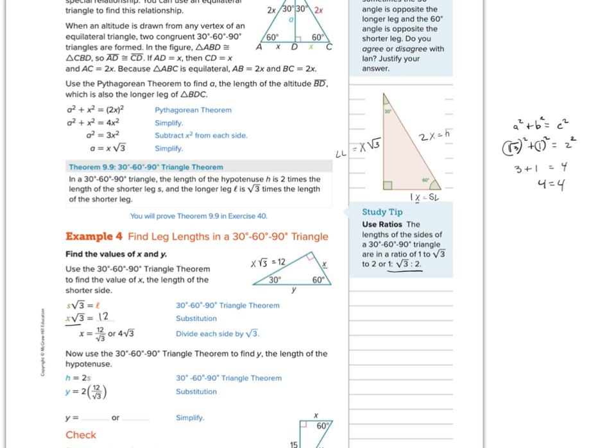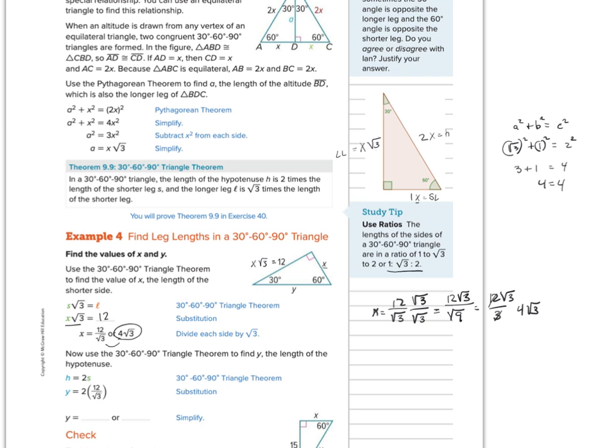Of course, rationalizing and simplifying that denominator, we end up with x is equal to 12 over the square root of 3, multiply by the square root of 3 over the square root of 3, and I get 12 square root of 3 over the square root of 9. And simplifying that again, that would be 12 square root of 3 over 3. That simplifies to 4 square roots of 3. 12 divided by 3 is 4. So that's how they rationalize that denominator.